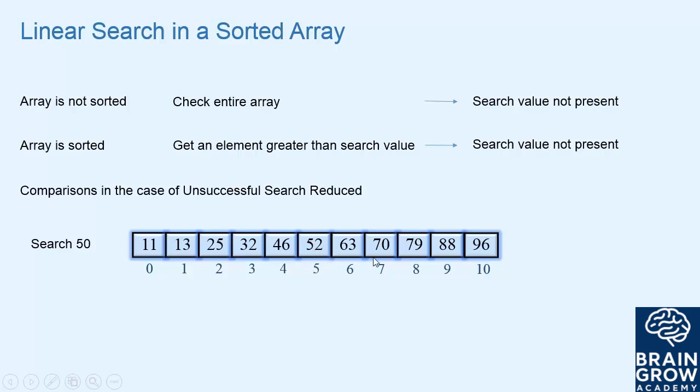So there is no possibility of 50 being present beyond this element. So if the array in which we are searching is sorted, then the performance in the case of unsuccessful search is improved. Now let's see the program for this.